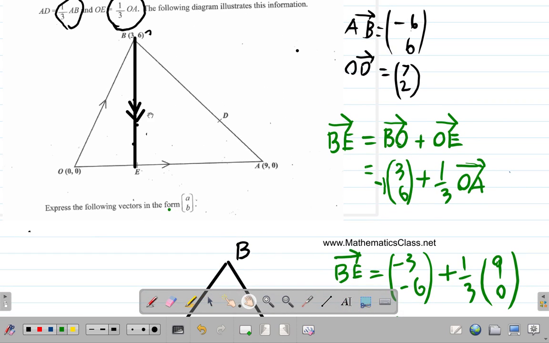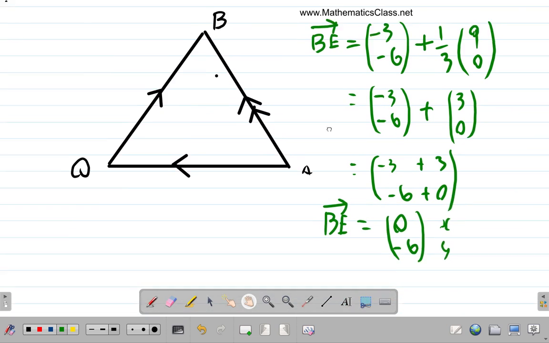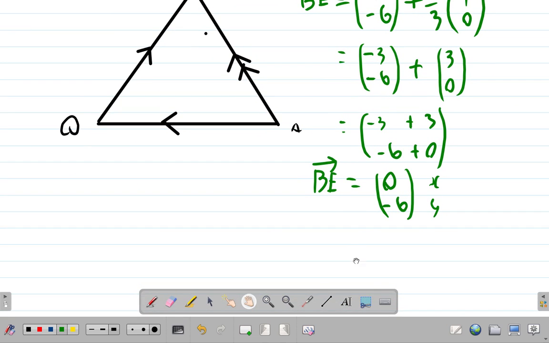You can see it here. From B to E is straight down, and it is 6 units down. That is what it is saying. So do you see that?